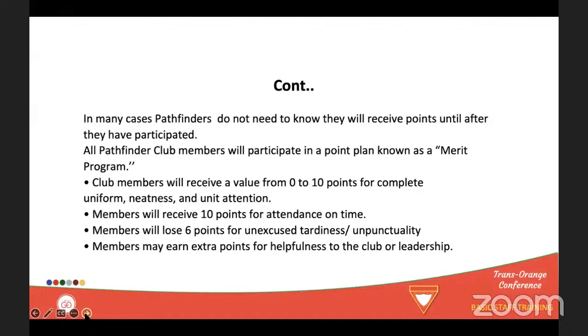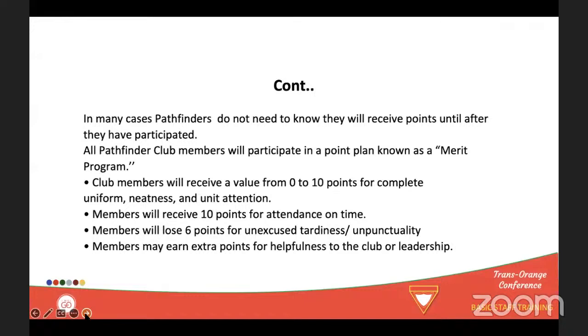All Pathfinder Club members will participate in a point plan known as a merit program. Club members will receive a value from 0 to 10 points for complete uniform, neatness, and unit attention. Members will receive 10 points for attendance on time. Members will lose 6 points for unexcused tardiness or unpunctuality.